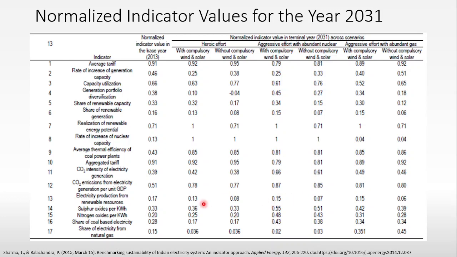And CO2 emissions from electricity generation per unit GDP, so you're comparing it with the economics of the country itself, which was 0.51 in 2013, and you're reaching up to 0.87 with the same aggressive effort with abundant nuclear with compulsory solar and wind. So we can reach up to 0.87.